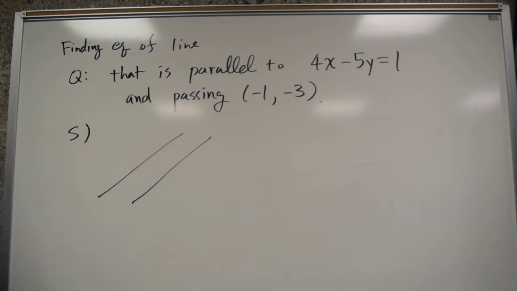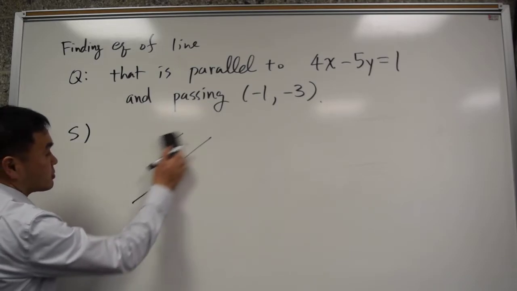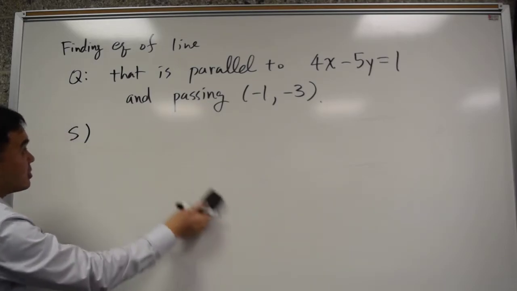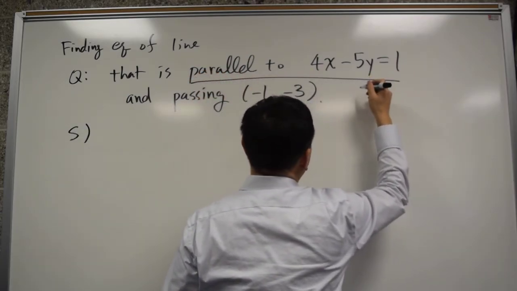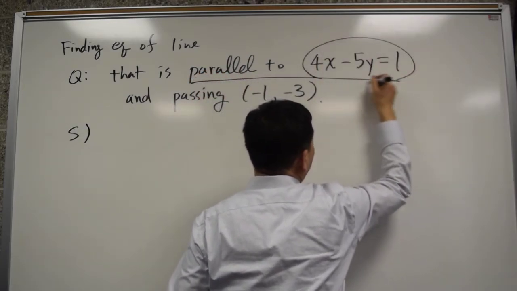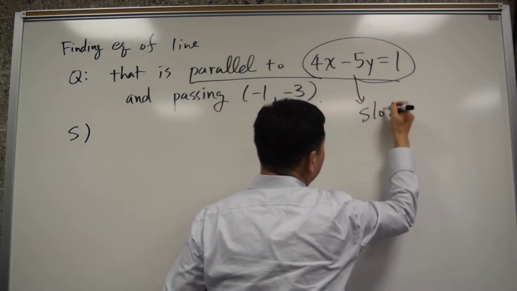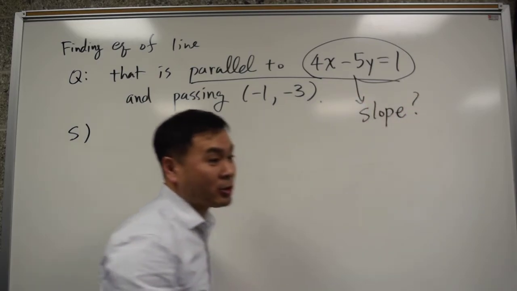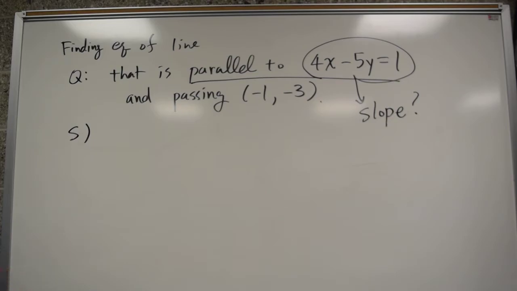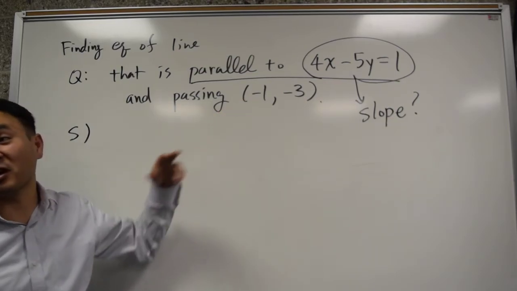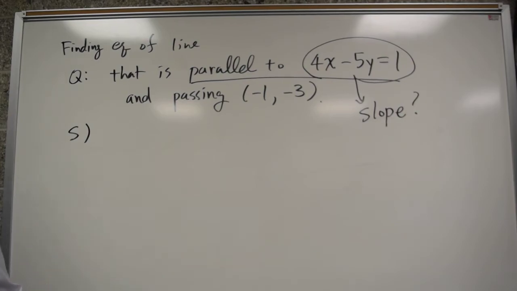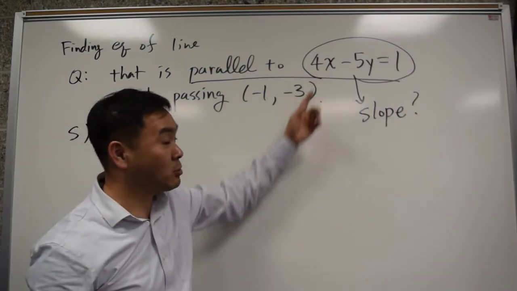Their slopes should be equal, which means you need to find the slope of this line. That's your first question. Once you find the slope, you can apply that slope and this point to get the equation for the line you want, because the slope has to be the same as this one.